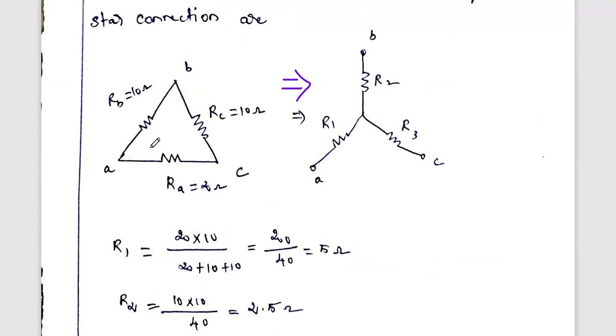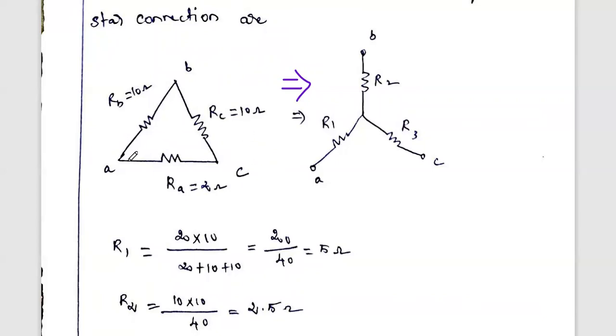If they are equal, it is very easy to convert into star. The star value is equal to the delta value divided by 3 if all three resistances are equal. But here the RA value is different, RB and RC values are the same, so we have to use the general formula.